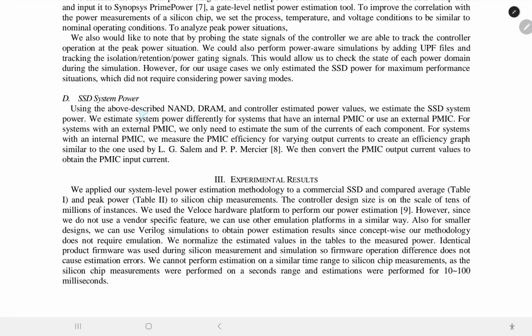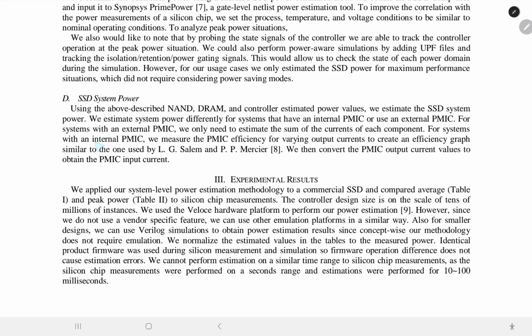D. SSD system power. Using the above NAND, DRAM, and controller estimated power values, we estimated the SSD system power. We estimate the system power differently for systems that have an internal PMIC or an external PMIC. For a system with an external PMIC, we only need to estimate the sum of the current of each component.